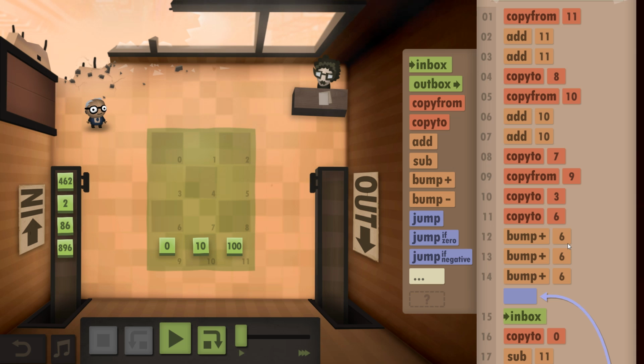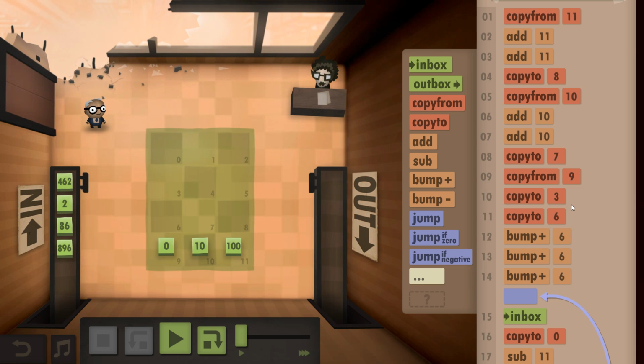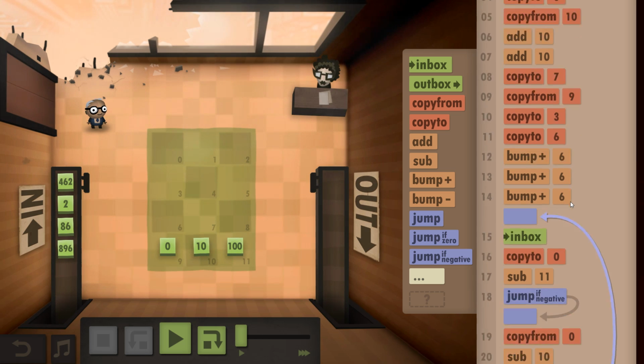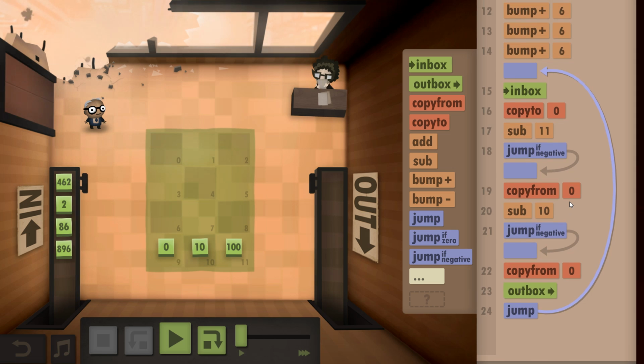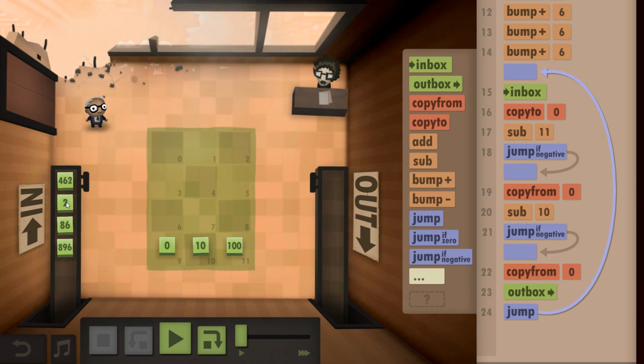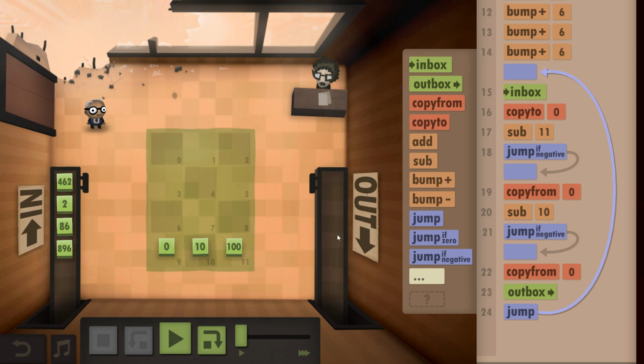Because none of these, 6, 7, 8, should be touched at all. Yeah, we take the inputs, subtract 100, if that is negative, take the input, subtract 10. If that is negative, we just outbox it directly, because then it's a single digit number.